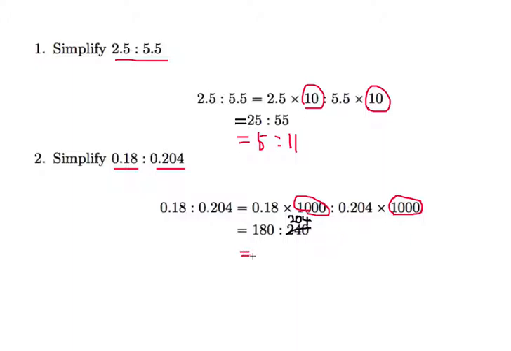So after this, 180 and 204, what you can do is you can divide by their common factor, which is 12. So 180 divided by 12 is 15, and 204 divided by 12 is 17. So this is your most simplified ratio.